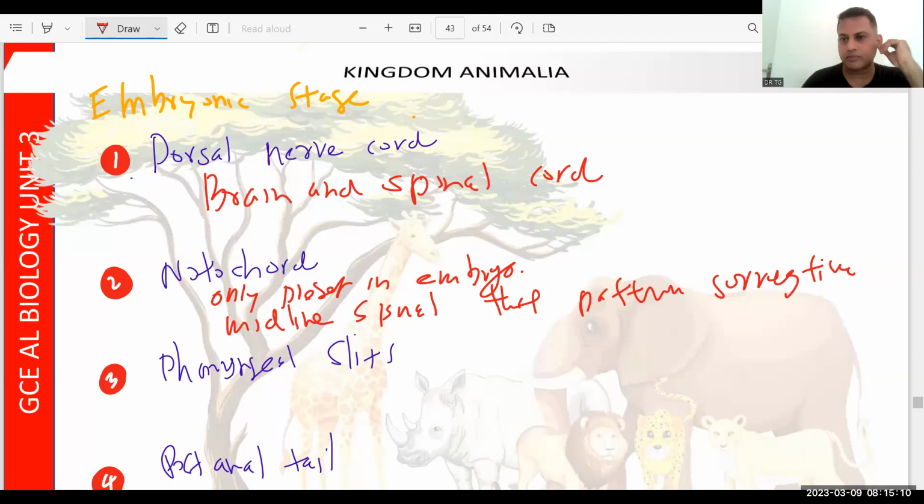After development, we don't see the notochord. It is a guideline, a middle line which provides the middle area to form other tissues around it.